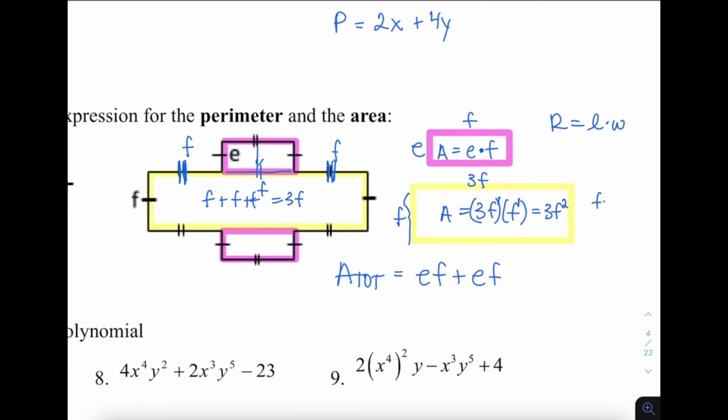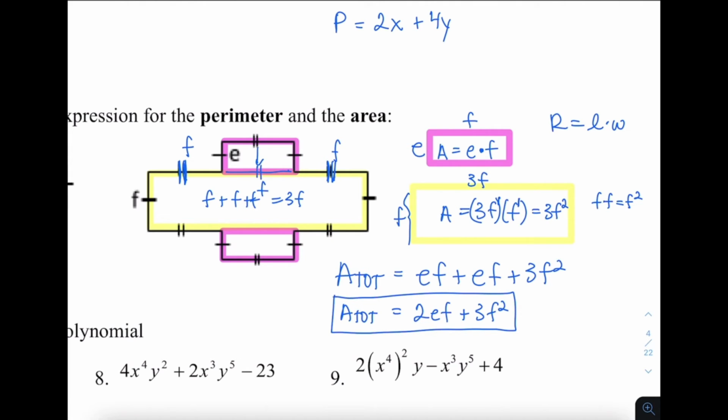Because f times f is the same as f squared. So my total area, EF and EF are like terms, so it's 2EF plus 3F squared. Okay.